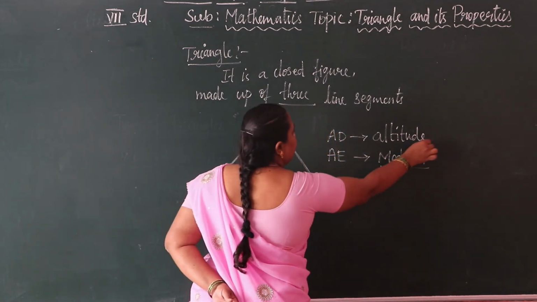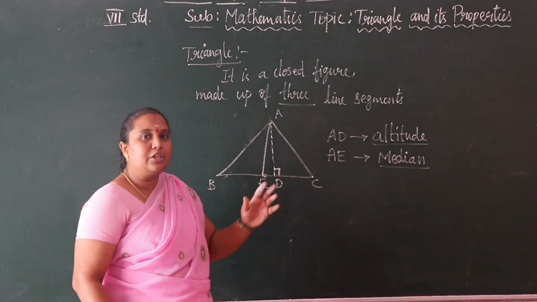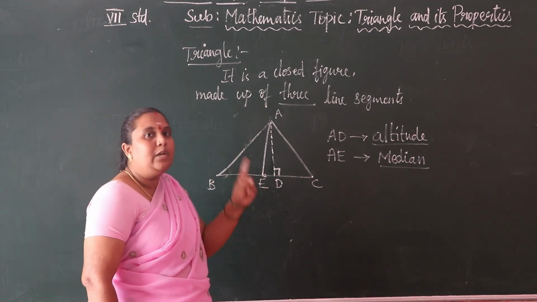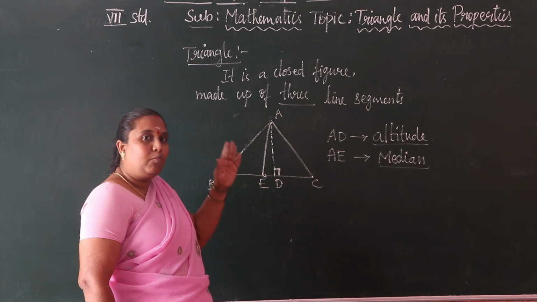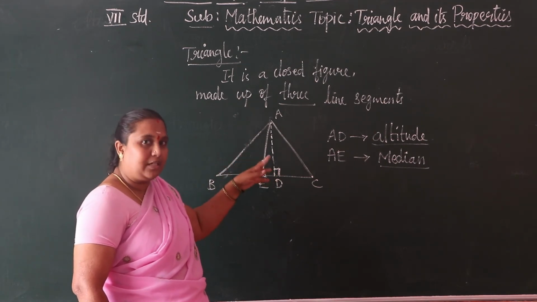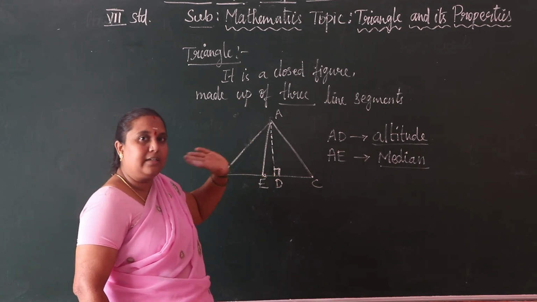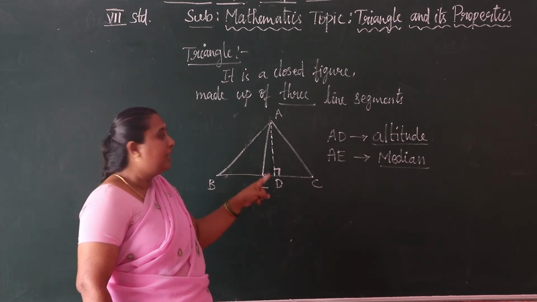Let us see the difference between altitude and median. Both line segments are constructed through vertex A only, so what is the difference?